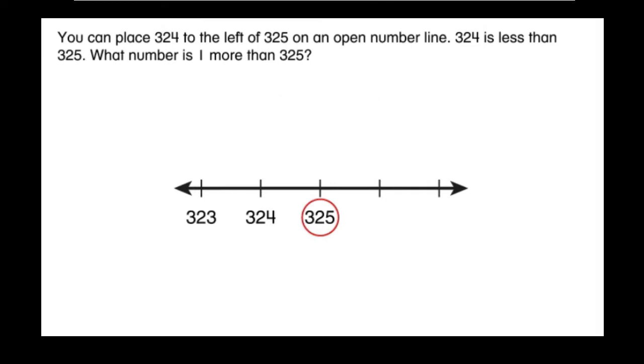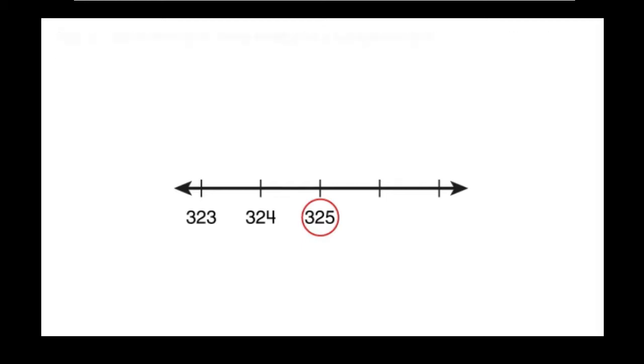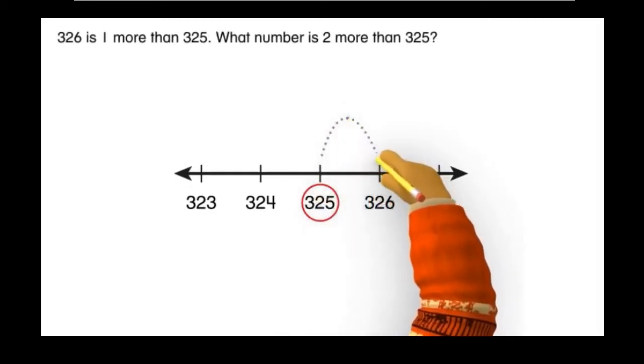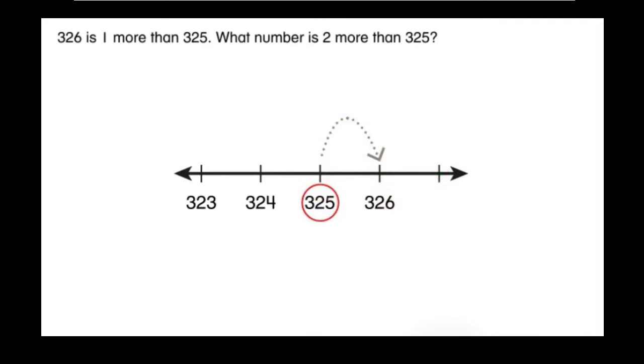What number is 1 more than 325? 326 is 1 more than 325. What number is 2 more than 325?